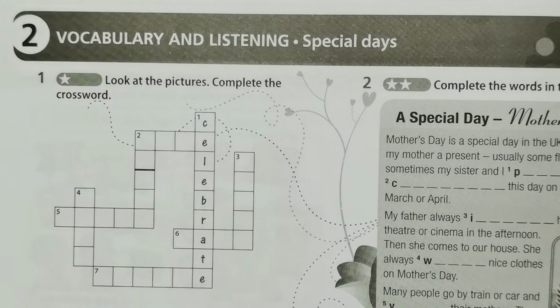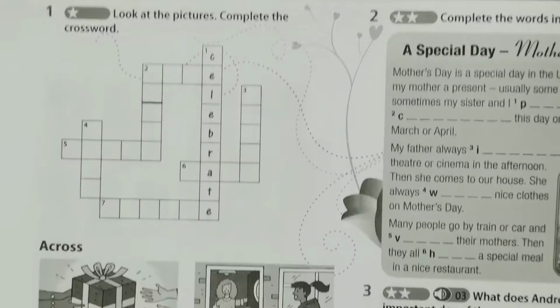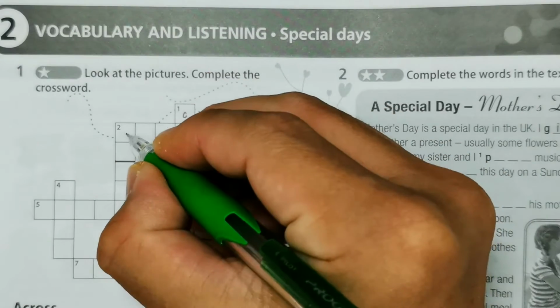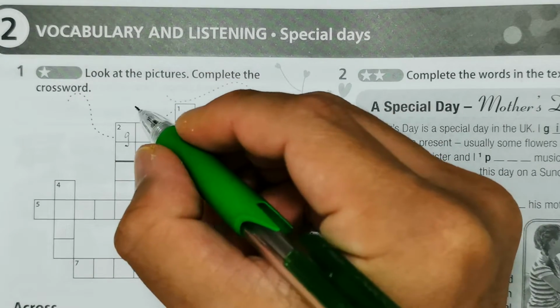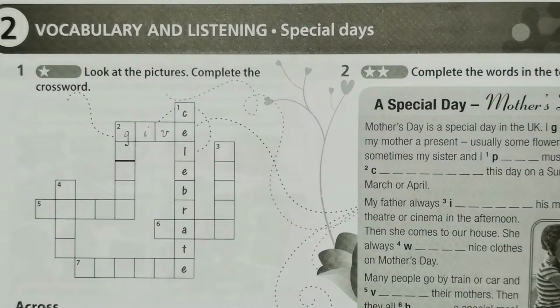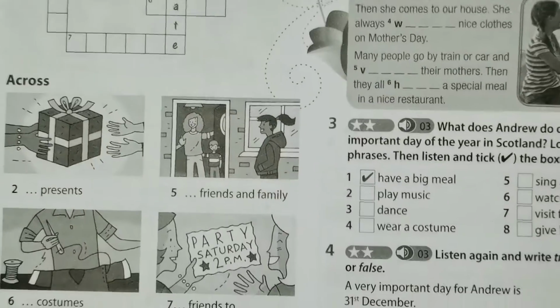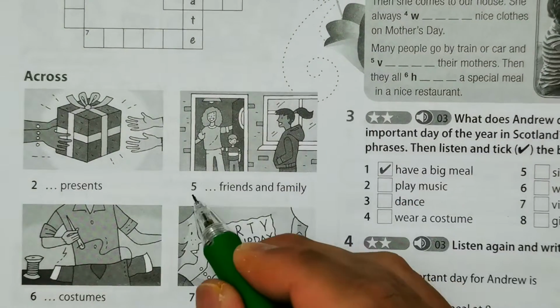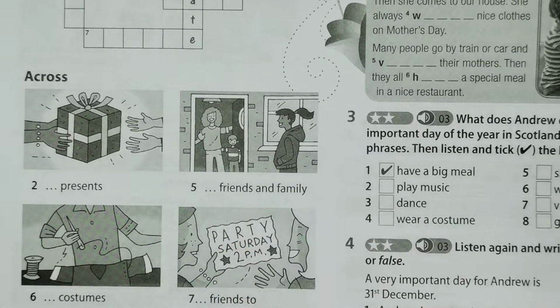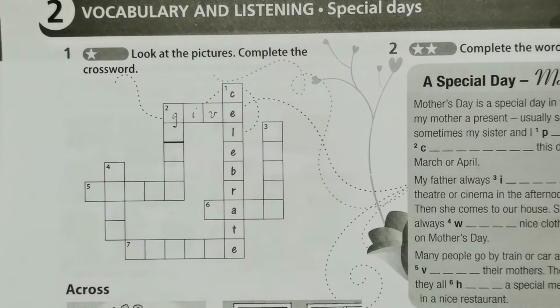Let's begin with solving the across ones. Number 2, give. Then number 5, friends and family. This is visit.